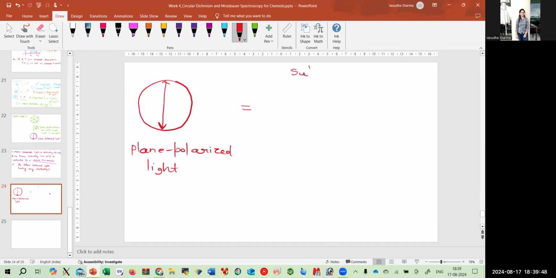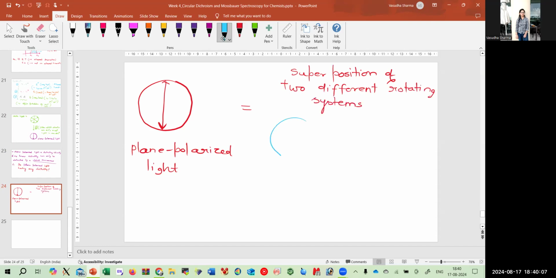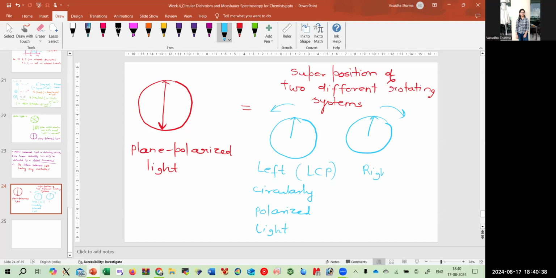It is actually a superposition of two different rotating systems, one on the left side and the other on the right: left circularly polarized, LCP, and right circularly polarized, RCP. So it's a combination of LCP and RCP.